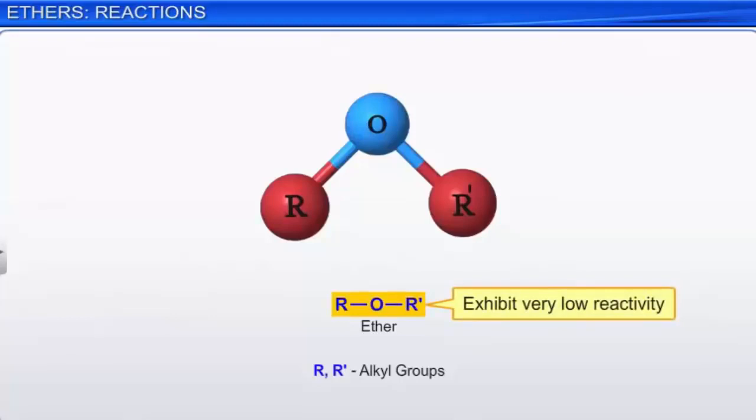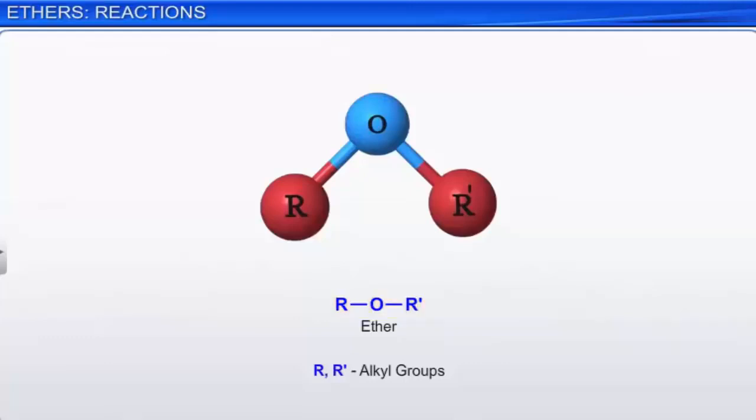Generally, ethers have very low reactivity. They are among the least reactive of the functional groups that you will study. As the oxygen atom is attached to the 2 alkyl groups on either side of it, ethers are less reactive. Let us look at some important reactions of ethers.